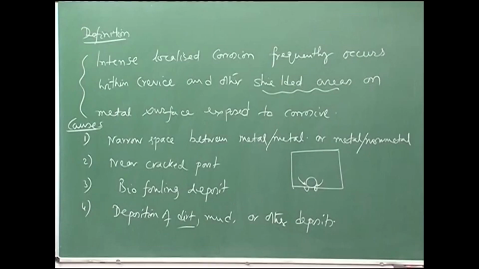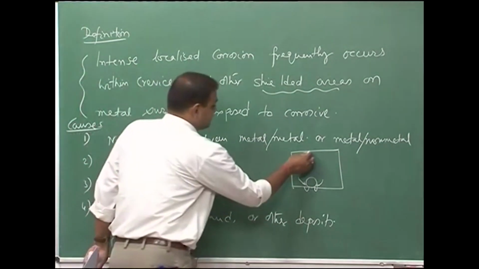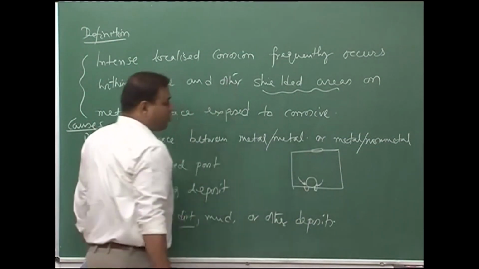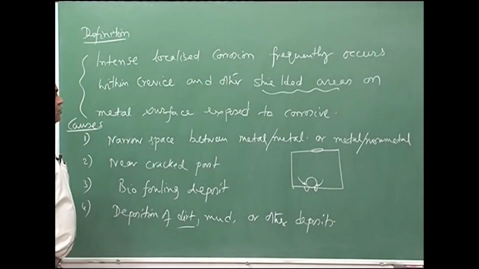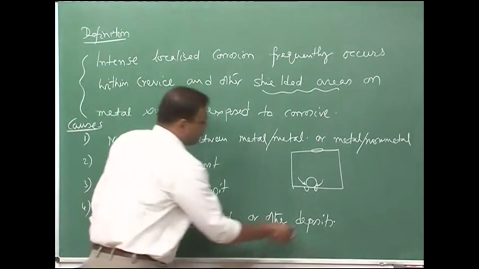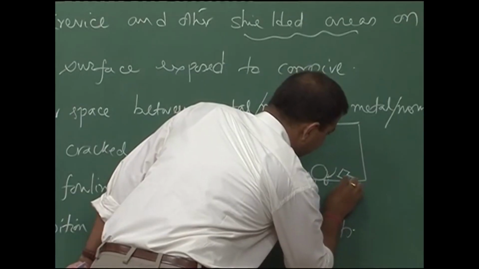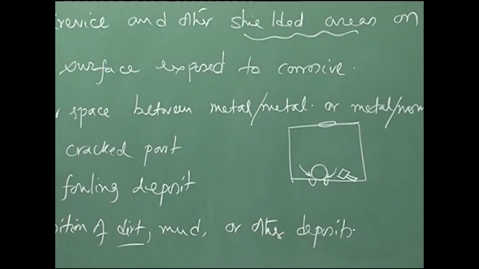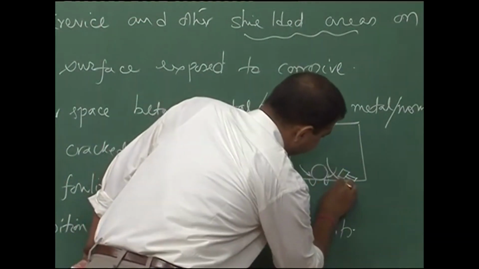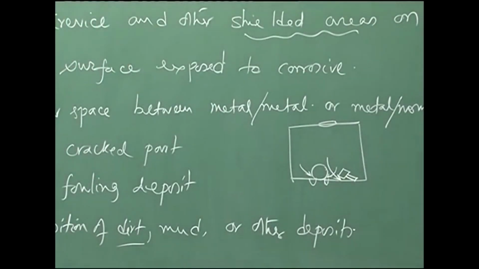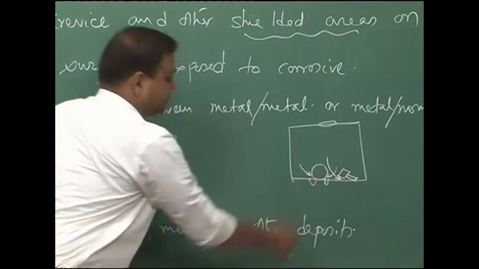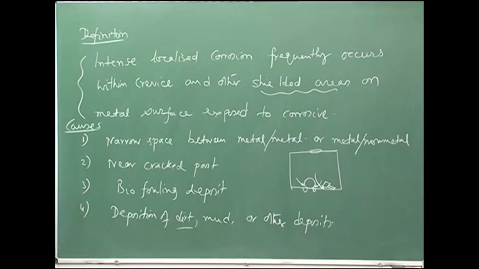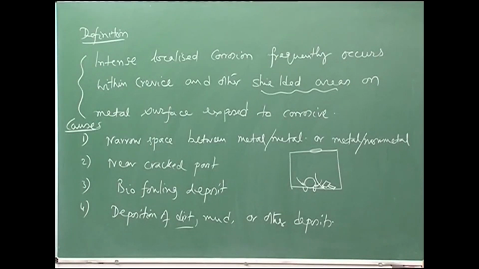So, this is the deposition of dirt effect, or it could be possible, let us say, some bolt which has become loose and then fallen on the bottom of the tank. Now, you also see there is a crevice formation. So, this is also another crevice, so corrosion can happen here. So, all sorts of deposits like this can cause crevice corrosion.